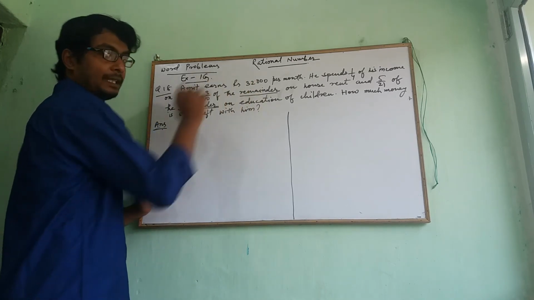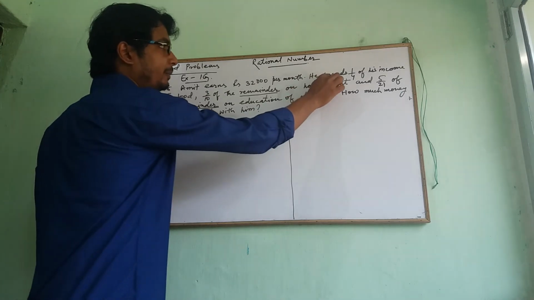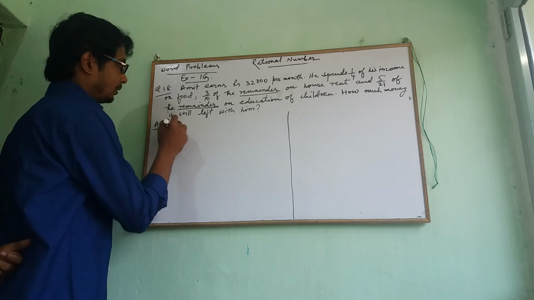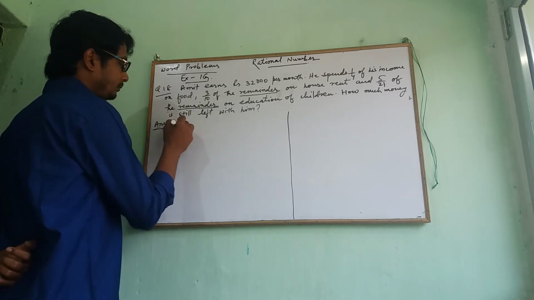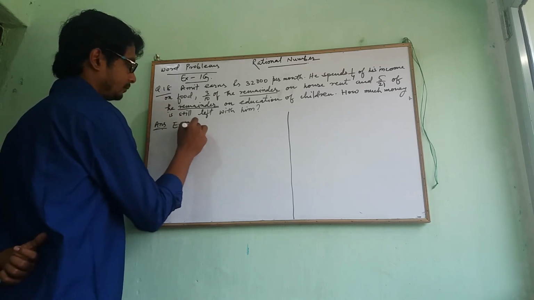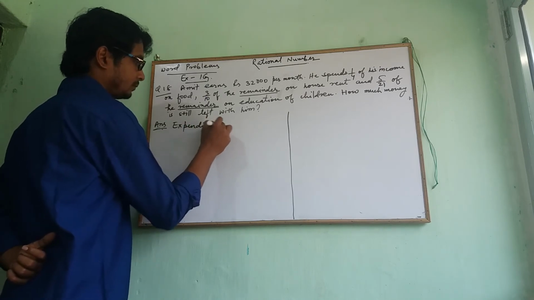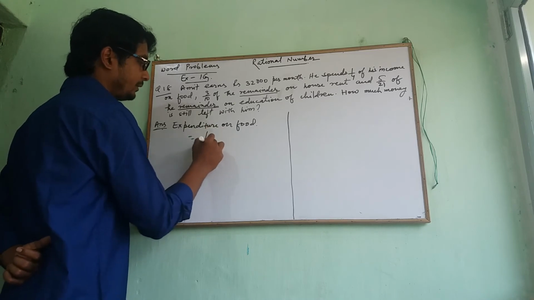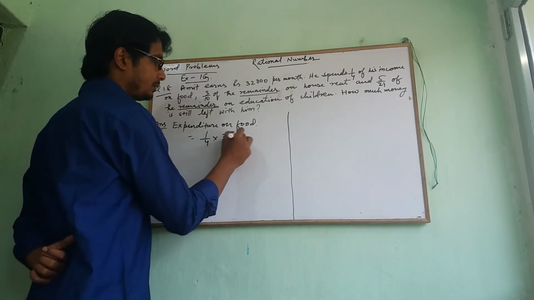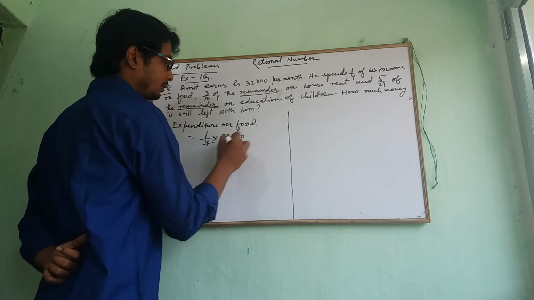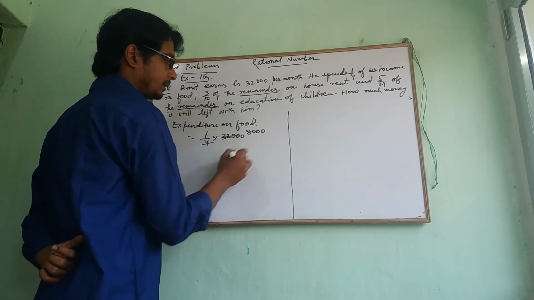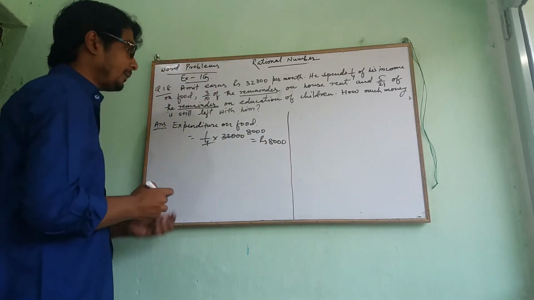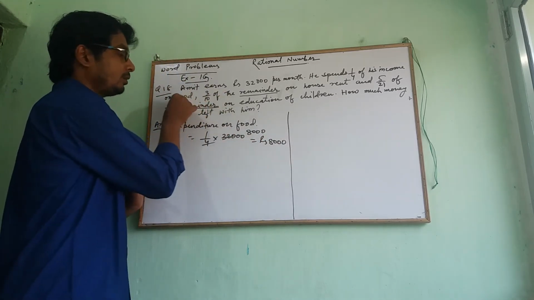So my per month salary is 32,000 and he spends 1 by 4 of the income on food. So expenditure on food is equal to 1 by 4 of 32,000, that is his per month salary. So this will be 8,000. So Amit spends 8,000 on food.